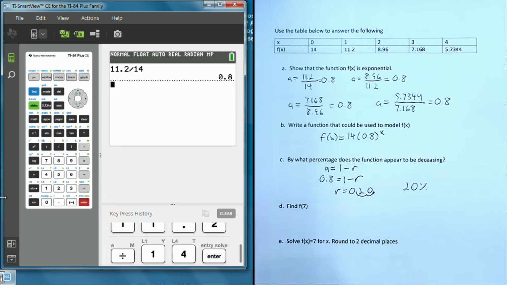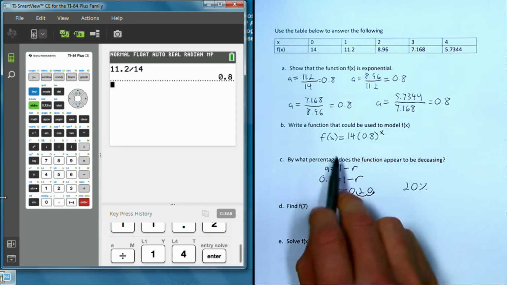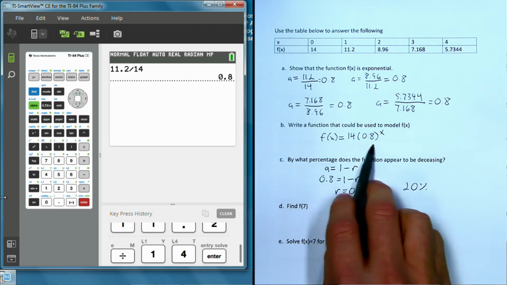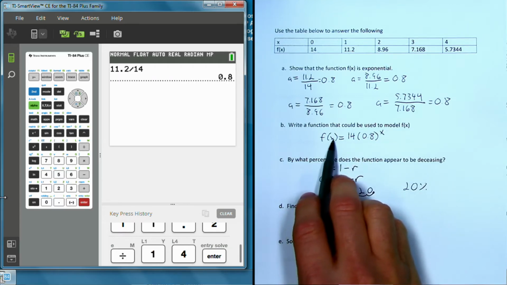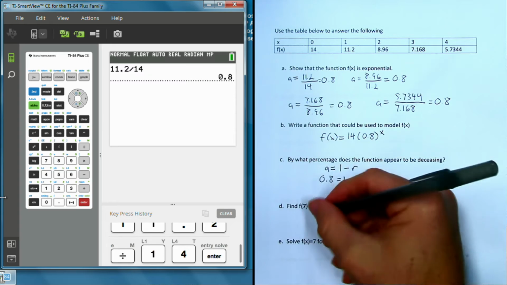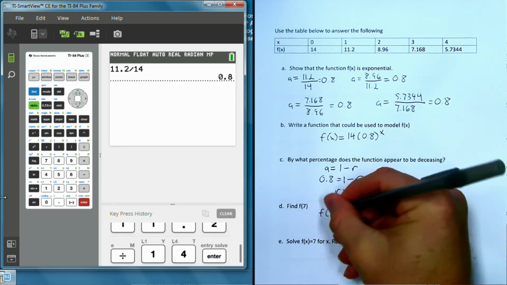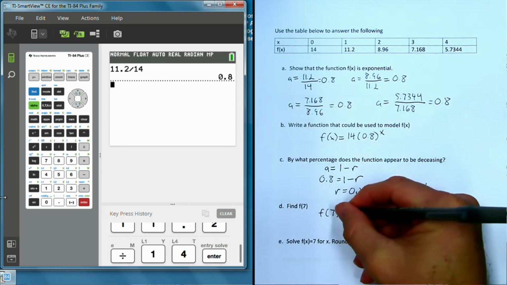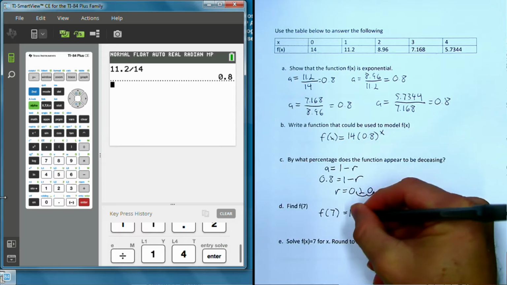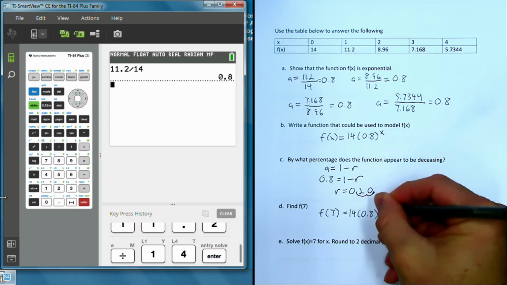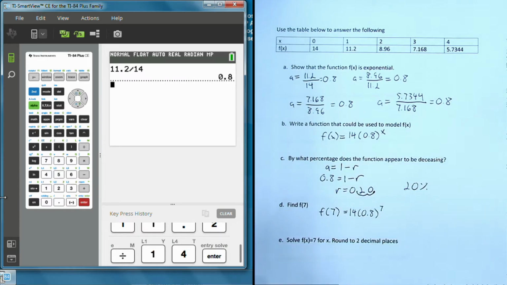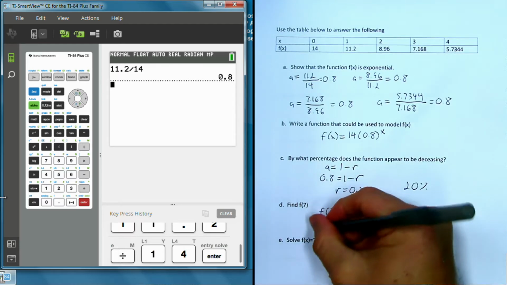To find f of 7, if we know our f of x function, we can find f of 7 by plugging it in for x. So here f of 7 would equal 14 times 0.8 to the power of 7. So we're going to use our graphing calculator to evaluate this function.